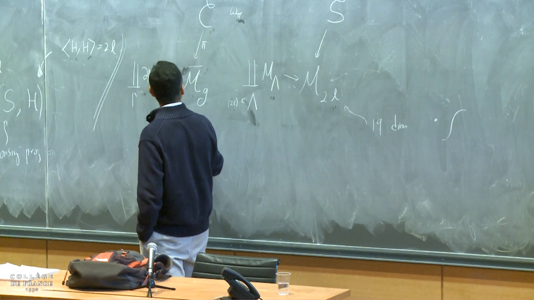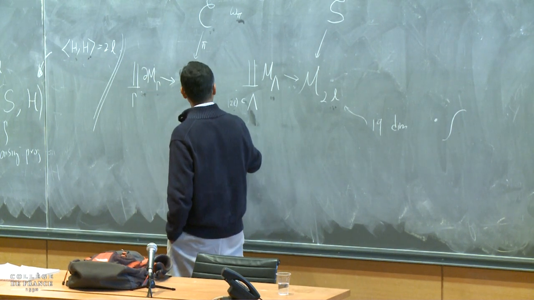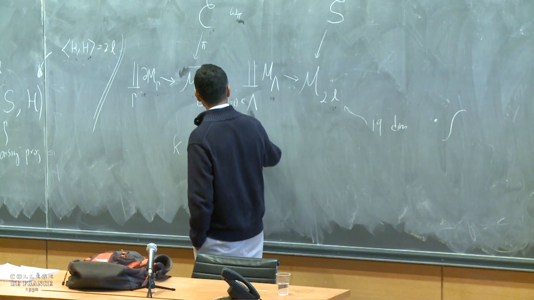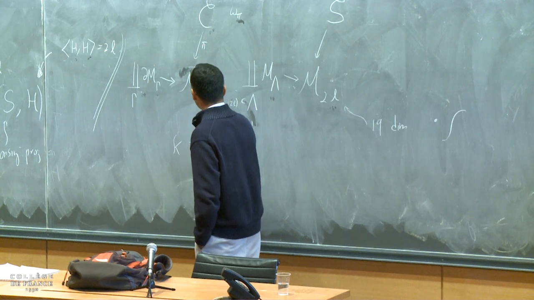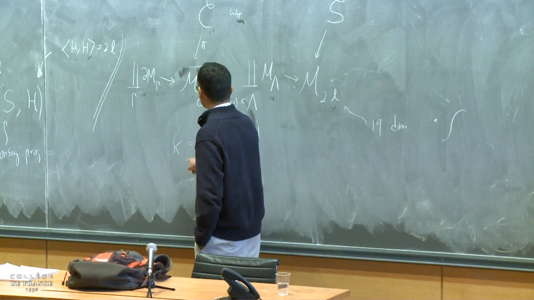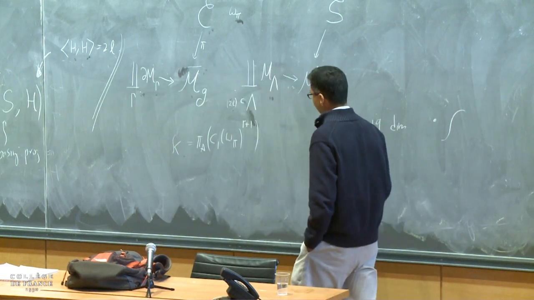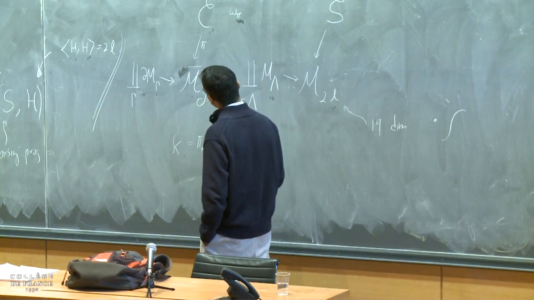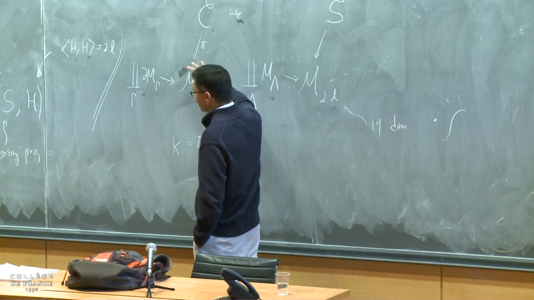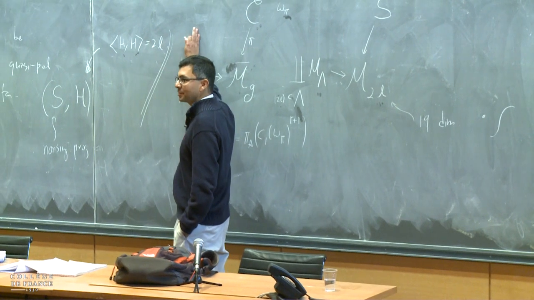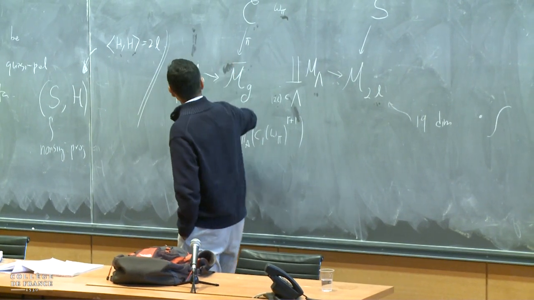This kappa class comes by taking the first Chern class of this fellow, raising it to some power, and then pushing it down. So this gives me a kappa class. You can index this. I'm not going to put the index here because the index is on that side. So this gives me a class here. This is not the only way to make classes. You can also do this kappa construction on every single boundary and push it forward. So that's the idea here.